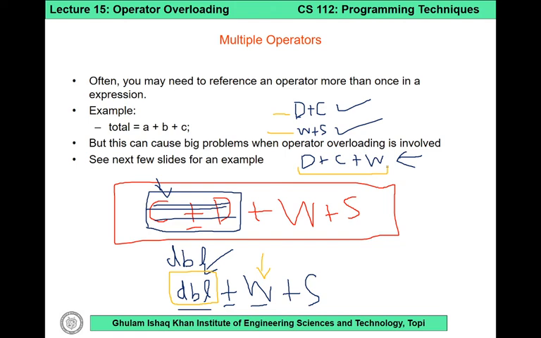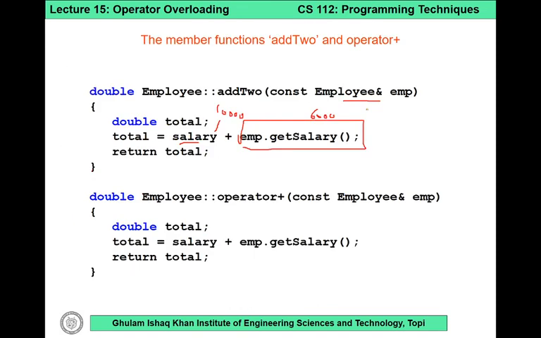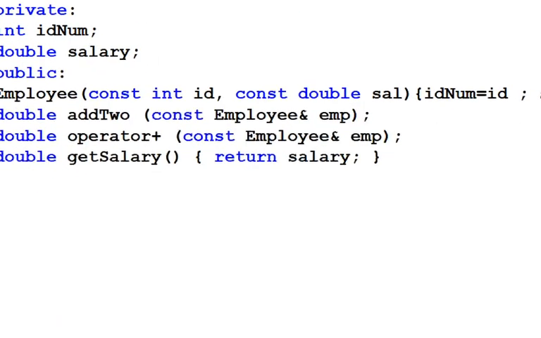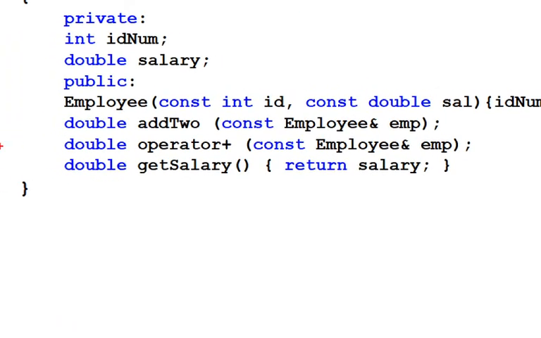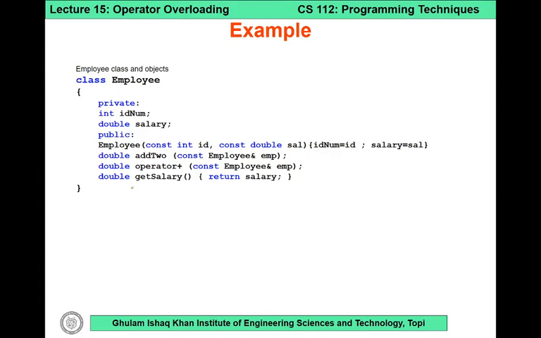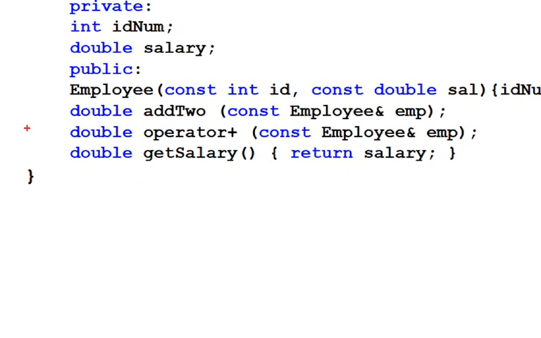So what can be the solution to it? Think about it. Let me give you a hint. The solution is very simple. If you focus on the prototype, the solution is going to come to your mind.